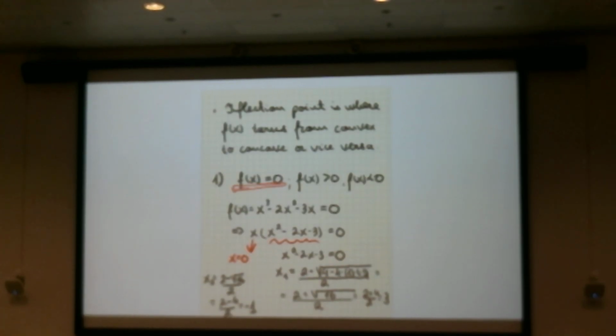Okay, so now we have it. We know that the function itself is equal to 0 at 3, at minus 1, and at 0. So we already found it. Okay, so we have 3 points, and it hits 0 in these 3 points. Perfect.